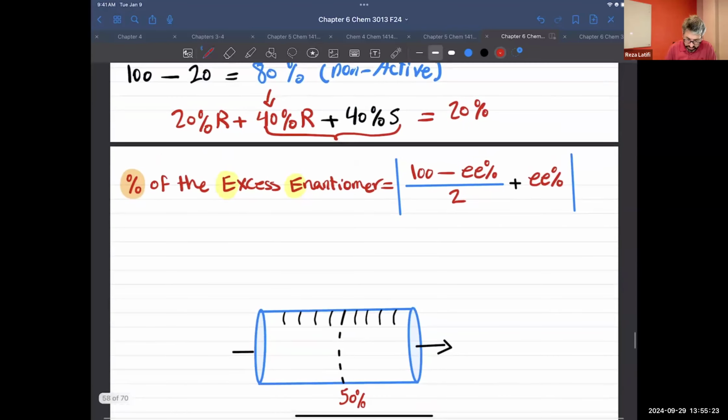Or you can say the excess of R is equal to 100 minus the enantiomeric excess, which we got equal to 20%.